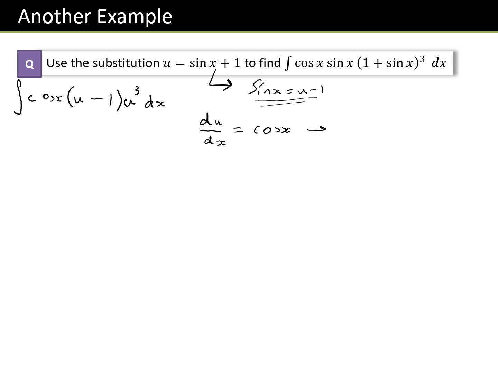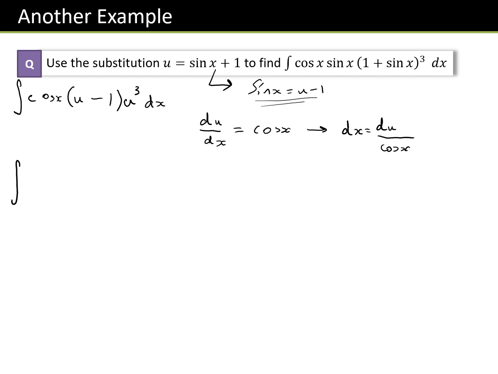Now if you look at this, this is where substitution becomes quite nice when you're doing the questions. Dx is going to be equal to du over cos x. And that is going to be the case in a lot of these questions. It will be quite nice and it cancels out some of these nasty bits.